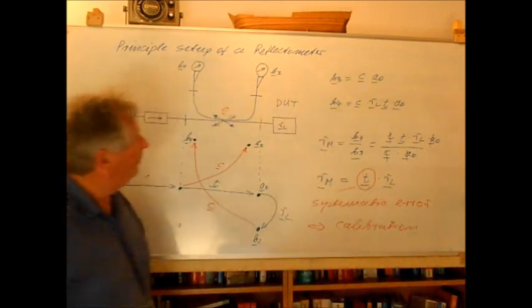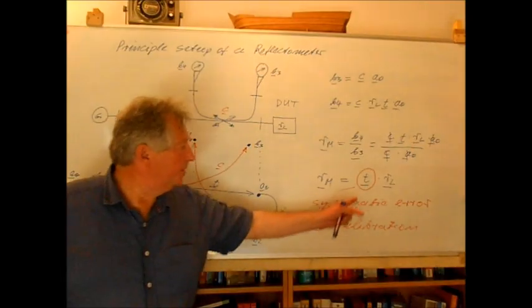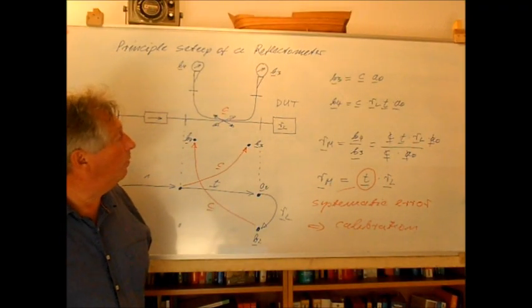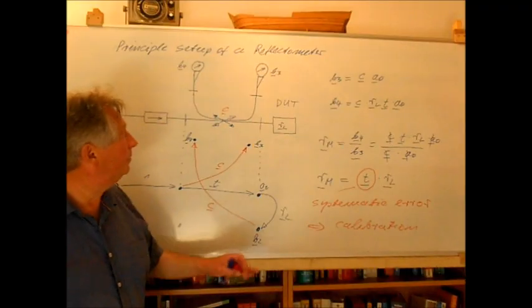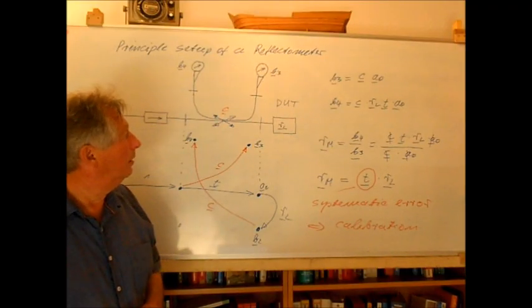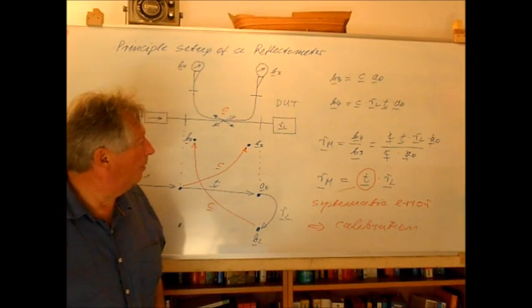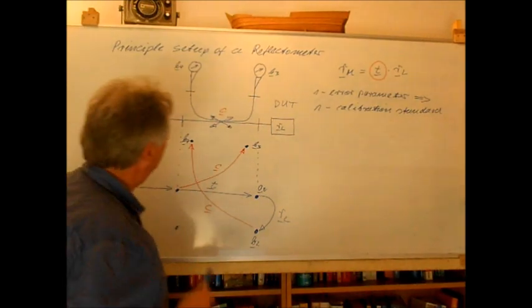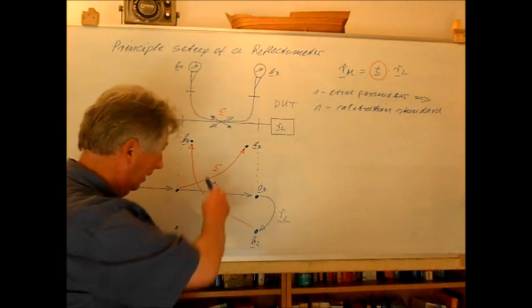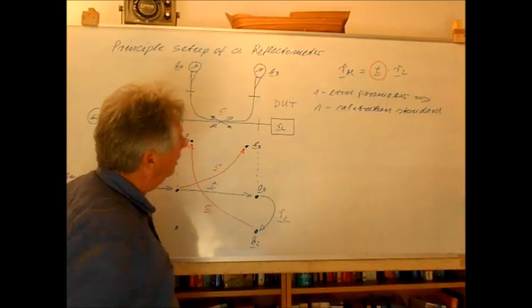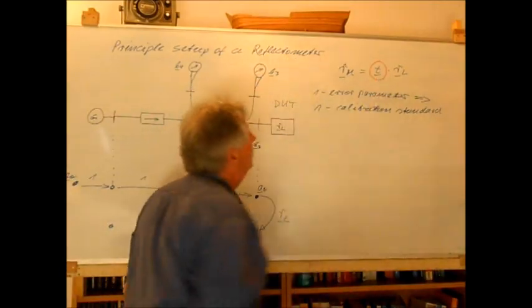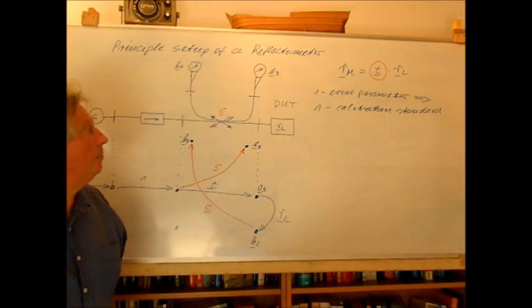Of course, if I have only one systematic error, I will only need one calibration step, though this I will explain in a further step. We saw here that even if we use an ideal directional coupler, this ideal directional coupler will introduce one systematic error into the measurement of a load reflection coefficient.